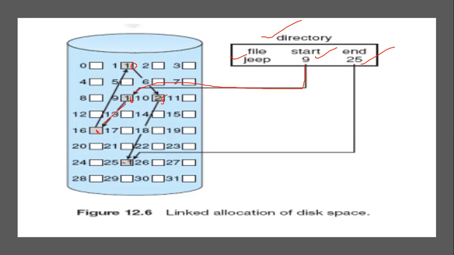It comes to 25. Here you see it has minus 1. Minus 1 indicates the end value. What we specified as the end value is 25, so the 25th block has minus 1. Up to this the file is over. Like this the disk space is allocated for the file.